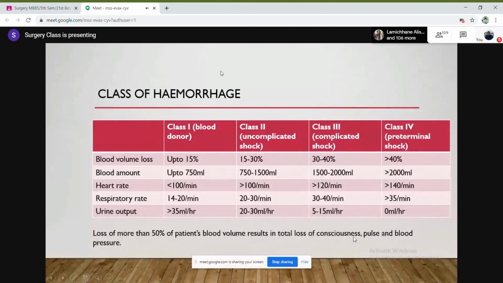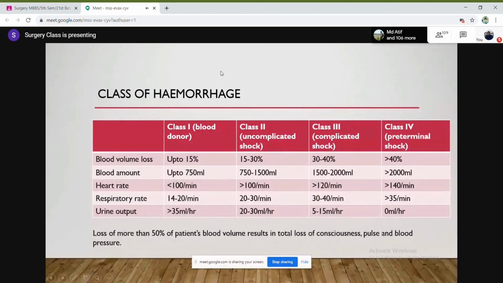Okay. So one of the things that you should keep in mind is, when the patient loses more than 50% of the blood volume, it will result in total unconsciousness. There's loss of pulse and blood pressure, and you may not be able to save the patient despite vigorous treatment and therapy.